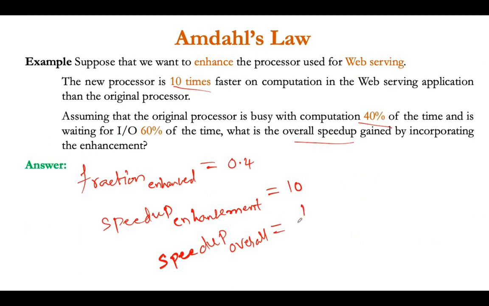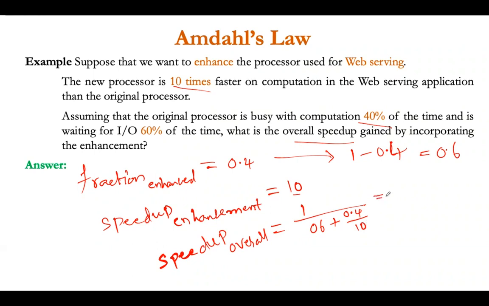So you can write 1 divided by 1 minus 0.4, which gives you 0.6, that covers the 1 minus fraction part, plus fraction enhanced 0.4 divided by the speedup of enhancement, which is 10.